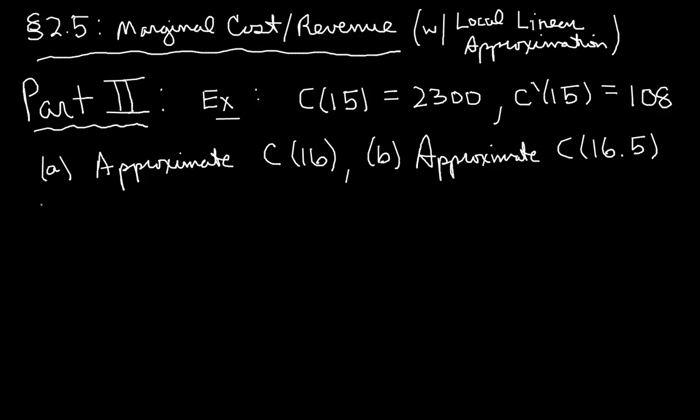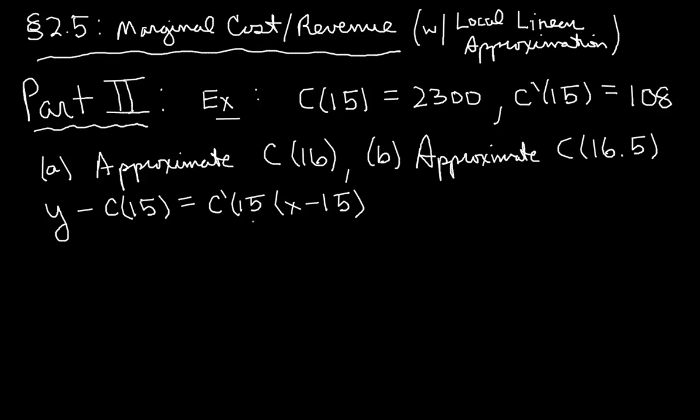So let's do it like this. Remember, we use the tangent line, which in this case would be y minus C of 15 equals the slope times x minus 15.